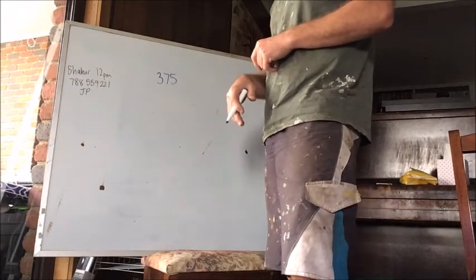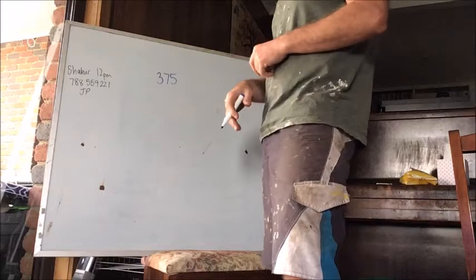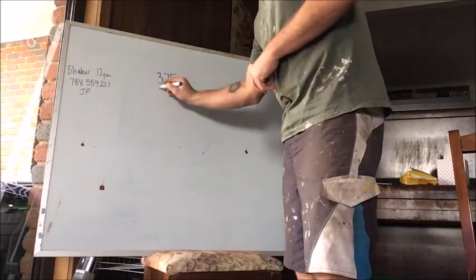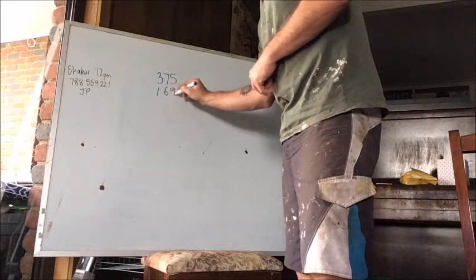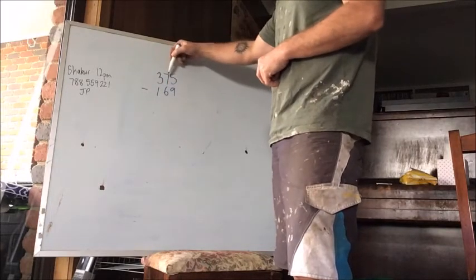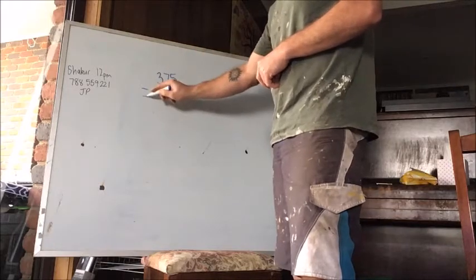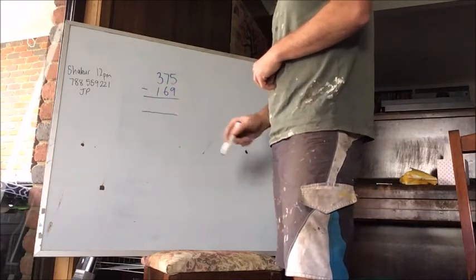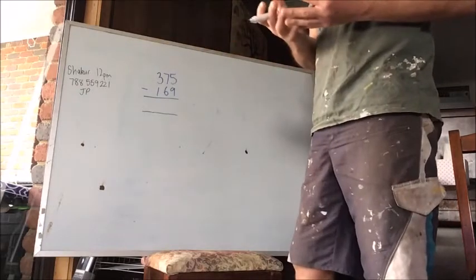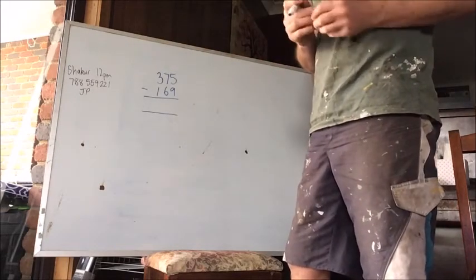She ate 169. Okay, so this is what that would look like. So Tia baked 375, and Coco, because she's a little piggy, decided to eat 169. Now we're going to put all our knowledge together to figure out whether this is correct or not.